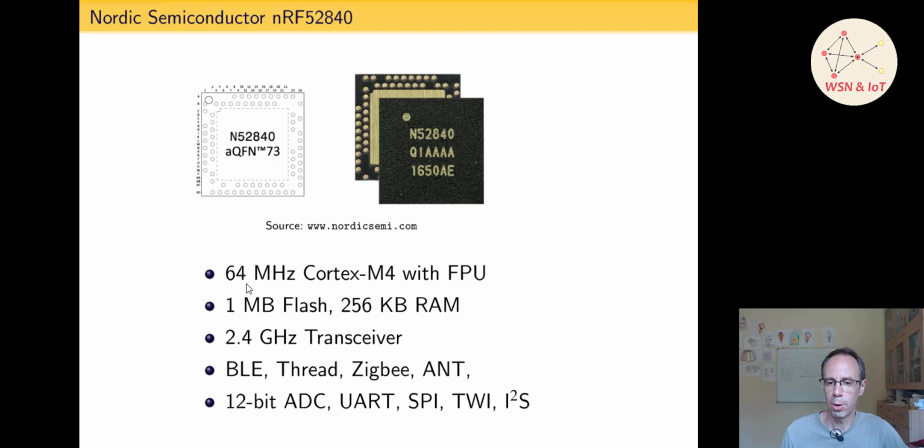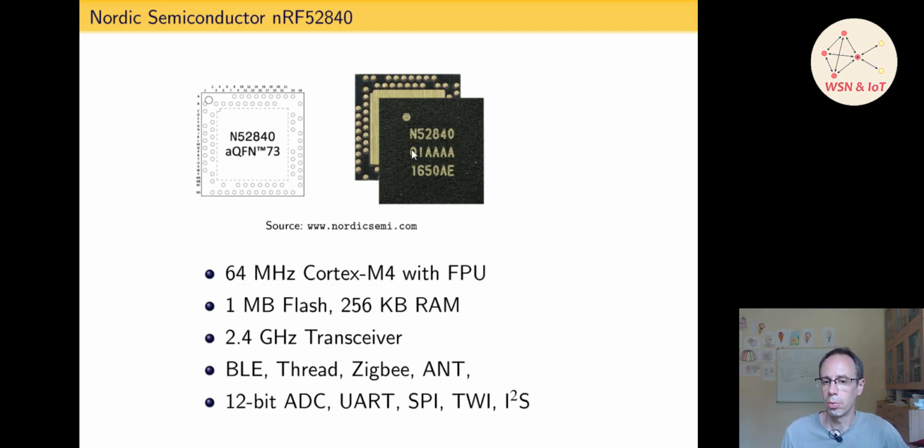It has a 64 MHz Cortex-M4 microcontroller, 1 MB flash, 256 KB RAM and an integrated 2.4 GHz transceiver unit. It supports Bluetooth Low Energy, Thread, Zigbee and for us today only Thread is interesting, of course.